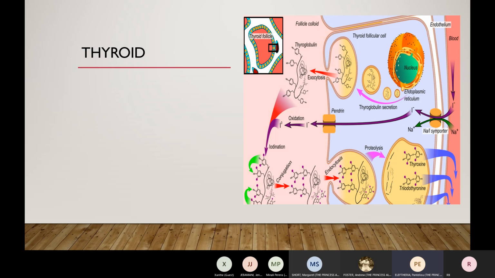The large complex of thyroglobulin is endocytosed into the follicular cell, cleaved and released to the circulation. 80% of the hormones released by the thyroid comprise T4, and the remaining is T3. That equals about 100 micrograms of thyroxine released every day, and about 35 micrograms of T3 released either by direct production from the thyroid or from peripheral conversion of T4 to T3.